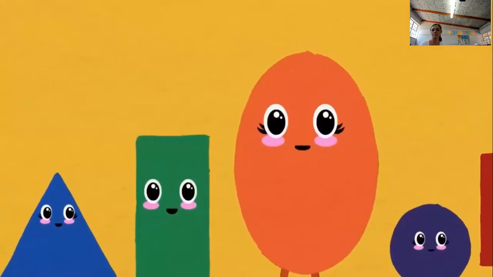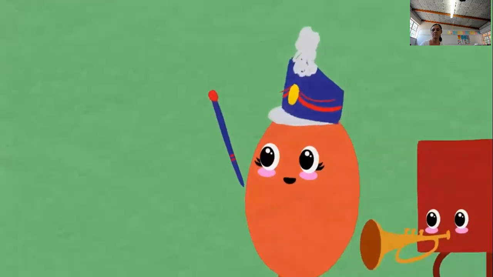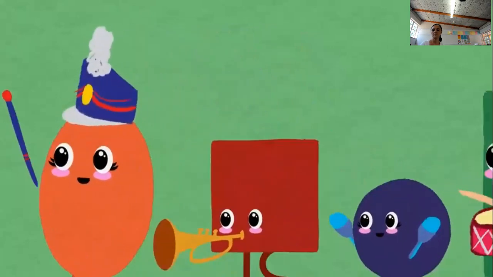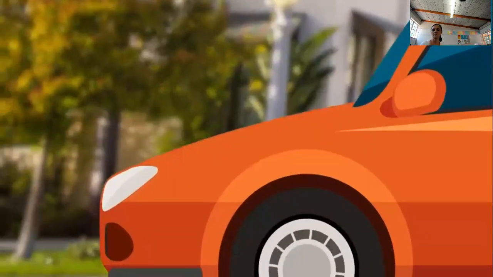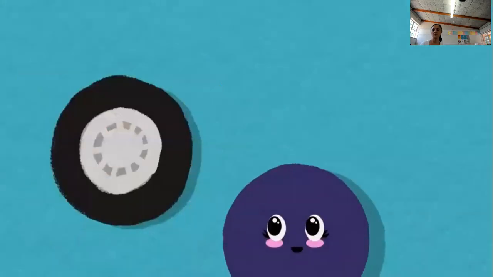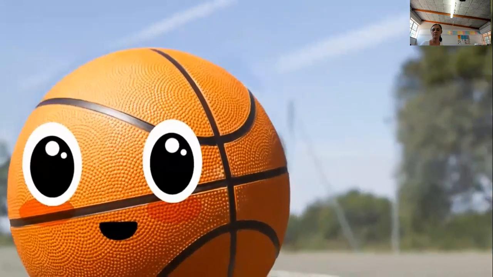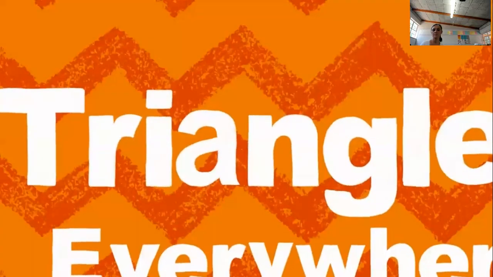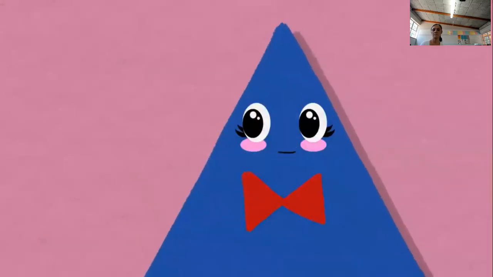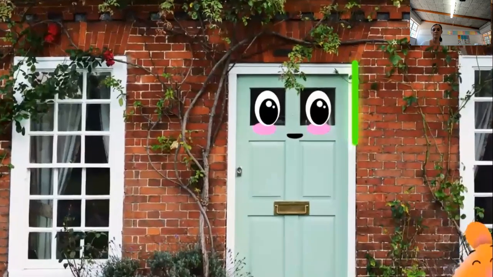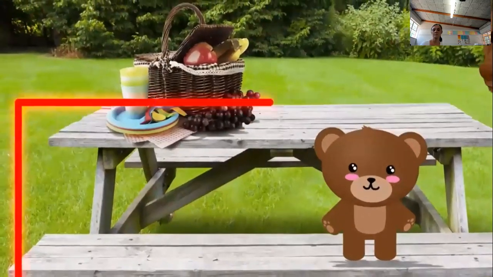Shapes are everywhere. Triangle, rectangle, oval, circle, square. Circles everywhere. Wheels, cookies, basketballs are circles everywhere. Triangles everywhere. It's like a red tie. Rectangles everywhere.